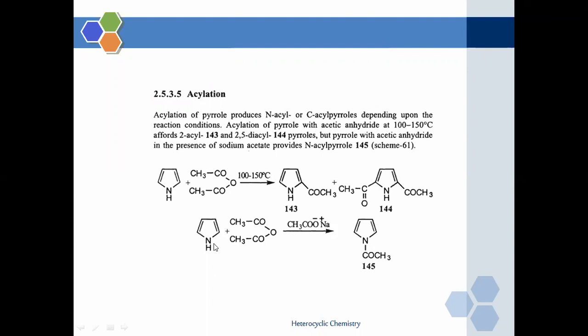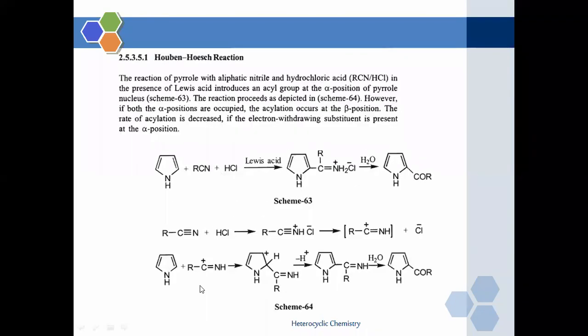Now, next and a different reaction is the Hoesch reaction. This Hoesch reaction is the reaction of pyrrole with aliphatic nitriles. This reaction is basically a reaction of pyrrole with an aliphatic nitrile in the presence of hydrochloric acid. An acyl group at the alpha position of the pyrrole molecule will be joined.